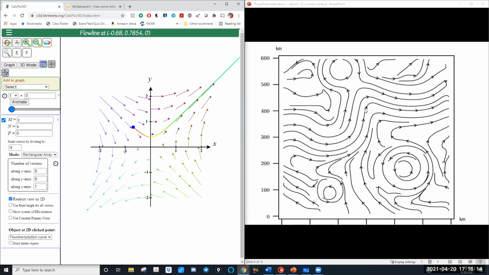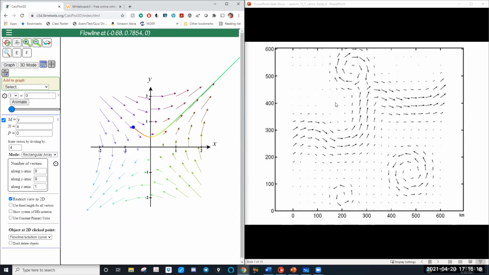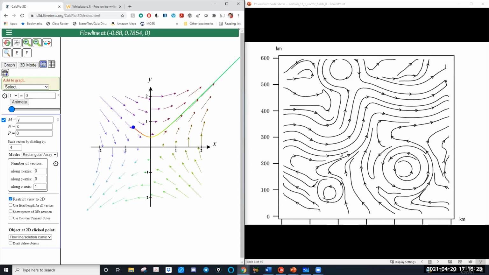Here is our flow. So you can see the family of flow lines. If we go back again, you can kind of see how they're related. If we were going to drop an object into the Gulf Stream, we know what path it would take. So that's what the flow and the flow lines are.